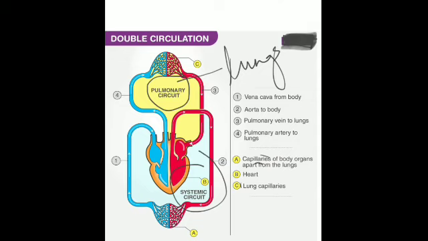From the right ventricle it flows into the pulmonary artery, which is carrying the deoxygenated blood to the lungs. You can see the capillaries of the lungs, which make the blood oxygenated, and this oxygenated blood moves on from the pulmonary vein into the left atrium. Is it clear? So this is known as pulmonary circulation.